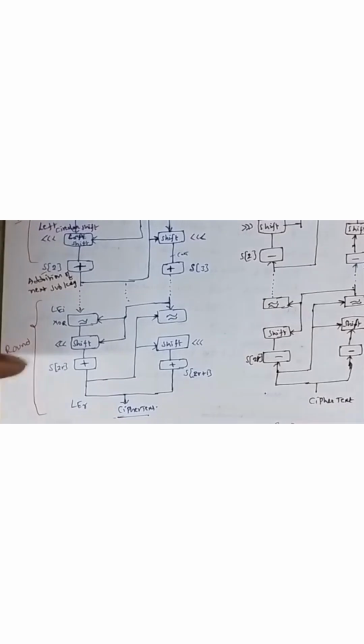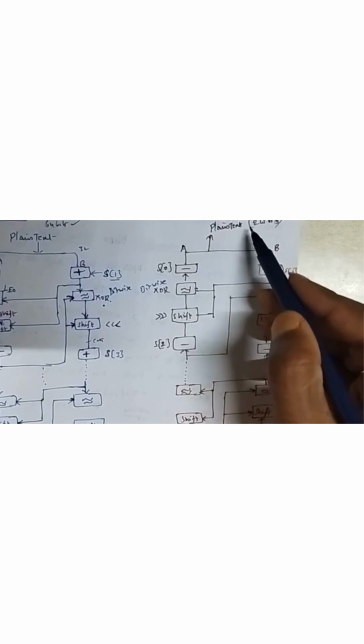If you repeat the same procedure in reverse order, we will get the plain text. This is top to bottom, plain text to ciphertext. And here it is ciphertext to plain text in reverse mode. The same operations we will perform in the decryption algorithm.